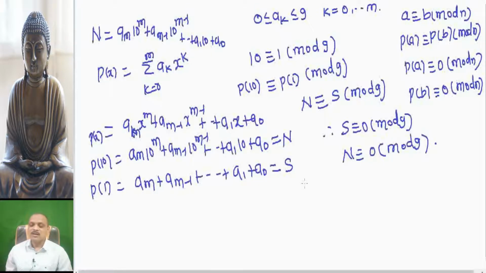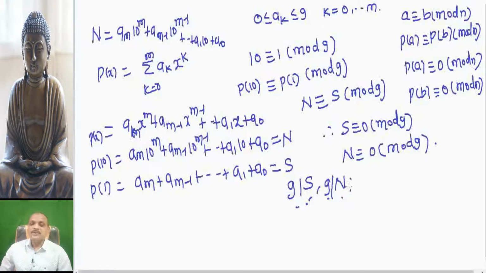That means, in other words, if S is divisible by 9, then N is also divisible by 9. This is the important point which we got here: if 9 divides S, then 9 divides N, whatever the number may be.